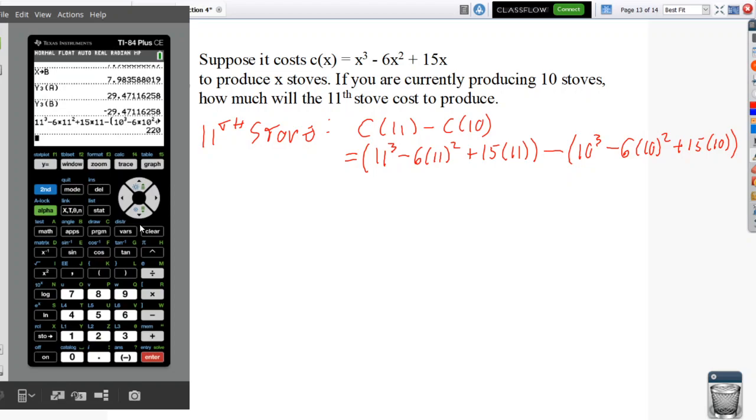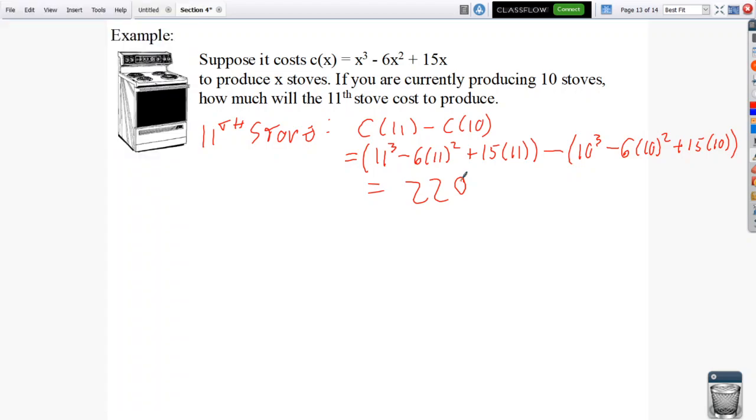Okay. So it looks like the actual cost to produce the 11th stove is going to be 220 units of monetary value. All right.